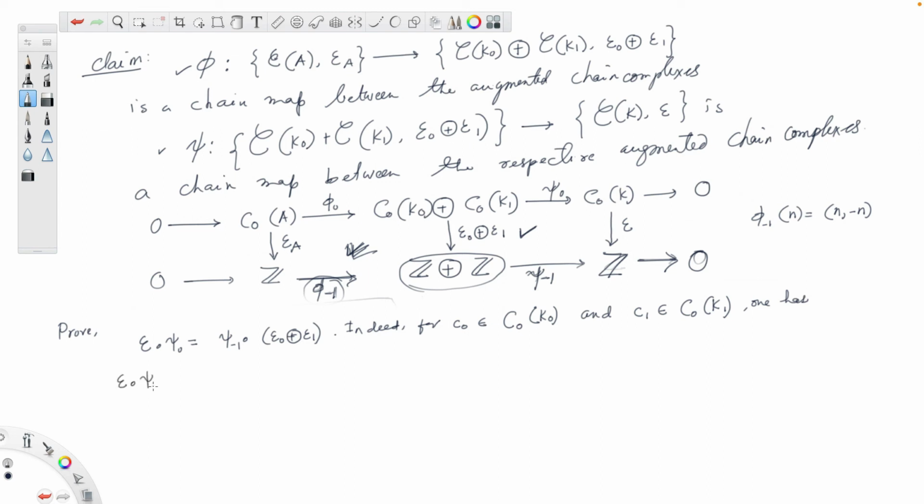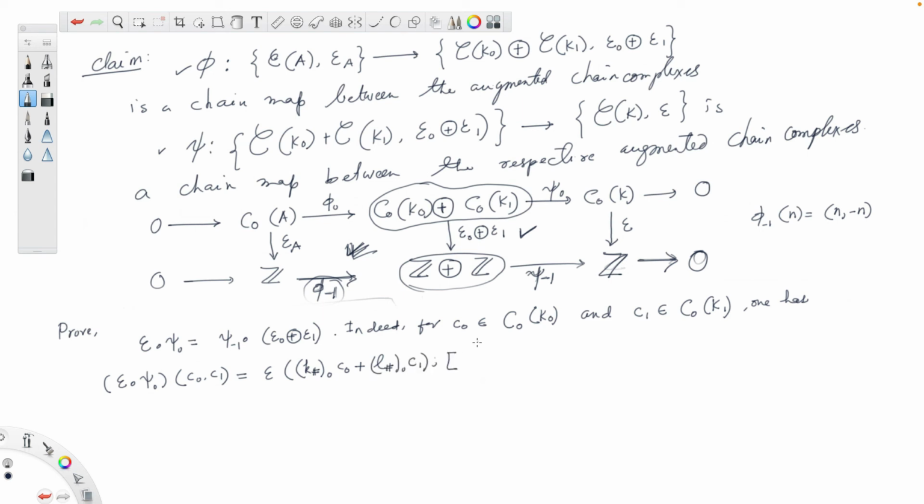epsilon composed with psi 0 acting on a pair belonging to this group, C0 comma C1, is equal to epsilon of, now I use the definition of psi p, that gives k hash at 0 acting on C0 plus L hash at 0 acting on C1.